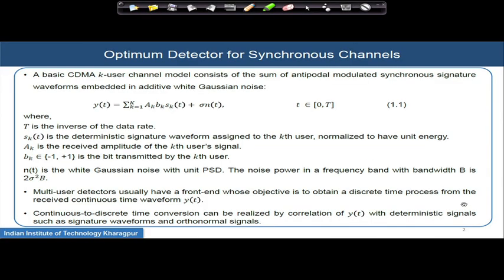The multi-user detection problem specifies that in a wireless situation we have K users operating simultaneously, trying to access the channel simultaneously and sending data to receivers. It is not that all the K users are targeting a typical receiver.